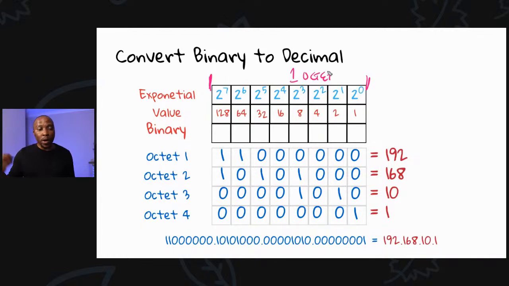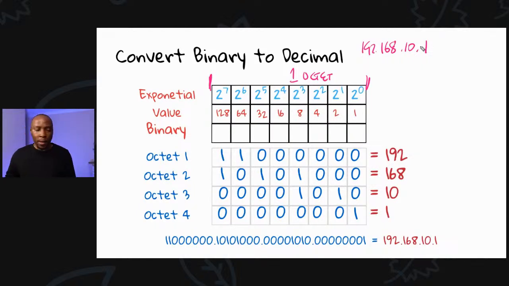And we said 1 octet is what? 8 bits. To convert the entire IP address into binary, we have to do that 4 times. Our IP address earlier on was 192.168.10.1.